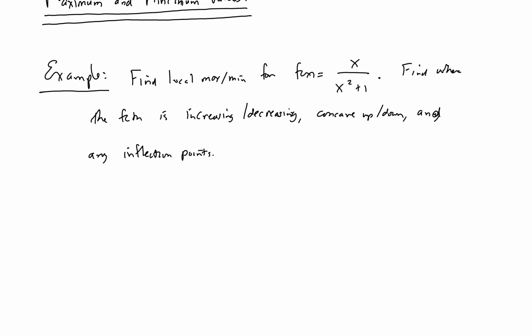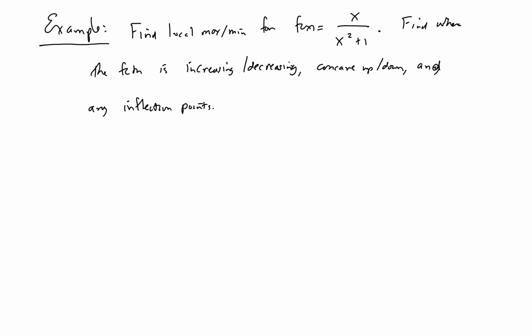Okay, so we know to find any of these things, we have to start with the derivative. So let's start with that. We can use quotient rule on this. This is the derivative of the top, which is 1, times the bottom, minus the top times the derivative of the bottom, which is 2x, over the bottom squared. And now we can simplify this.